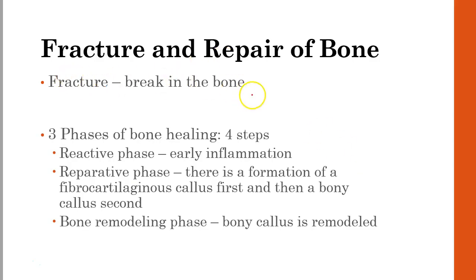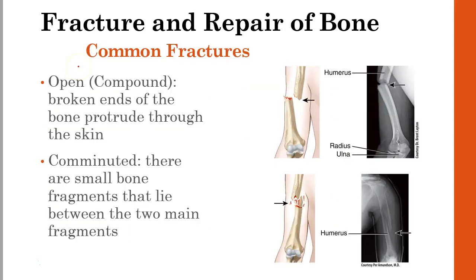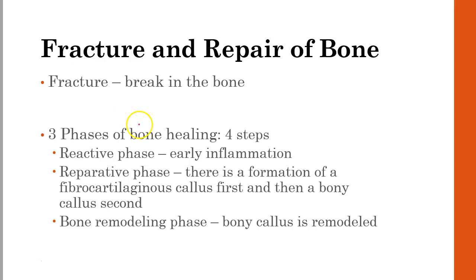Okay, fracture repair. So a fracture is a break in the bone. We have 3 phases to the healing process, including 4 steps. So phases, we have reactive, reparative, and then the bone remodeling. Okay, the reactive phase is going to consist of inflammation.